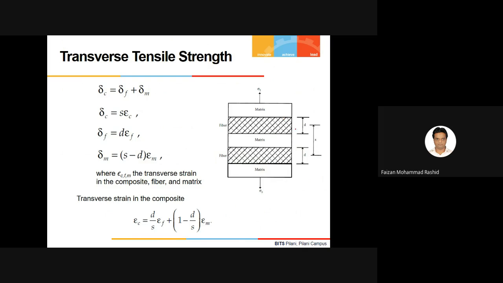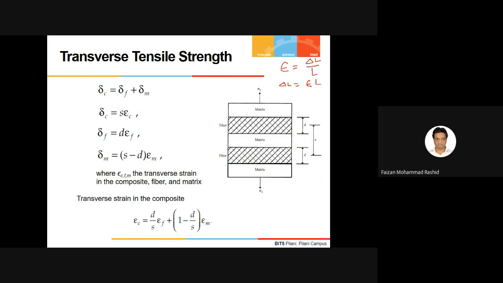Now, you know that strain is equal to deformation by initial length. Okay. So how will you write deformation? If I want to write it, I need to get the value of strain and the initial length. So here the thickness will play the role of the initial length.